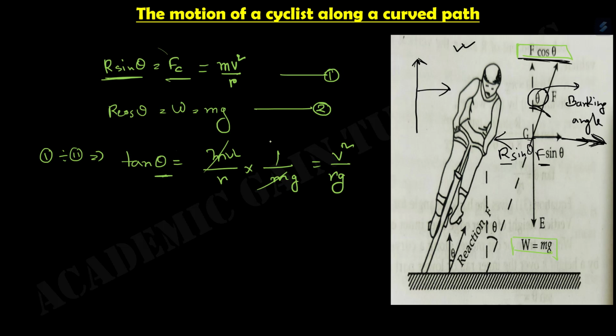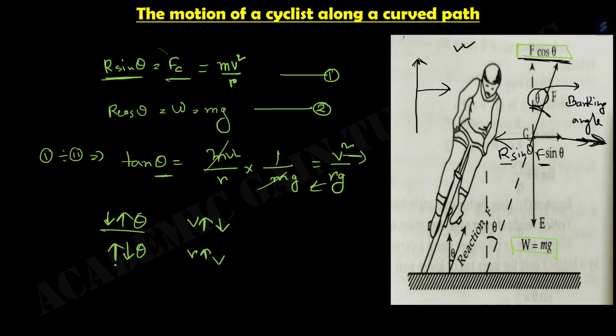There is one more thing we can find out. The variables are v and r. If v is greater, our banking angle will be greater. If v is less, our banking angle will be less. If r is greater, our banking angle will be less, and when r is lower, our banking angle will be higher.